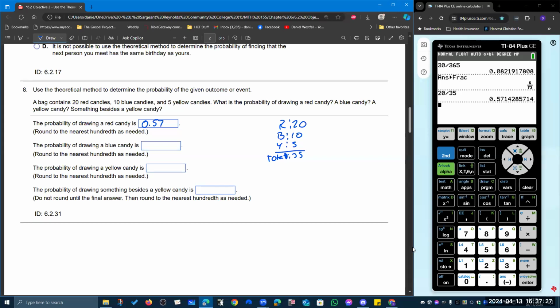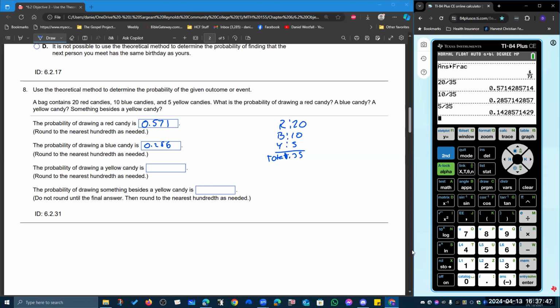So that's 0.571. Then 10 out of 35 is going to be 0.286. And then yellow is going to be 5 out of 35, which is 1/7, which is 0.143.